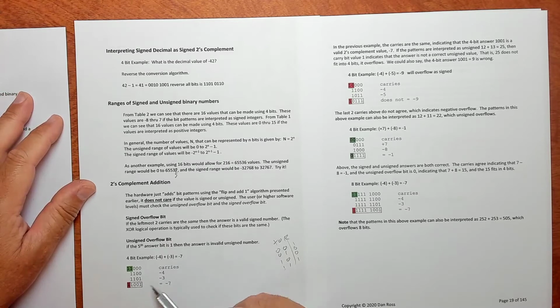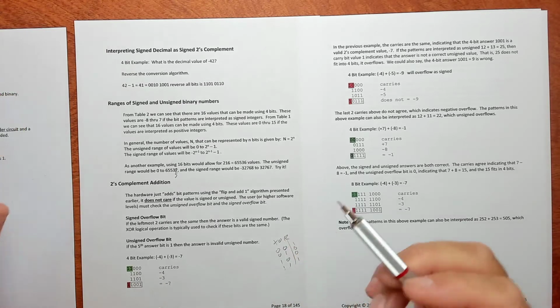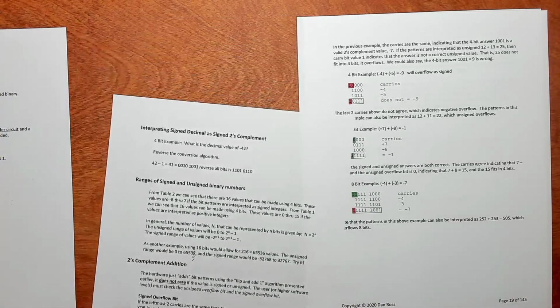The answer is -7 because these two bits are the same. But if you're interpreting these bit patterns as unsigned numbers, then the answer is incorrect because it's trying to tell you that 12 plus 13 is 9, which it isn't. Okay, so that's how it works.